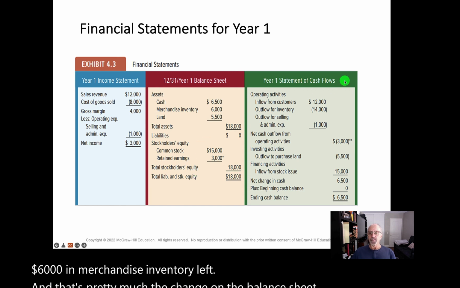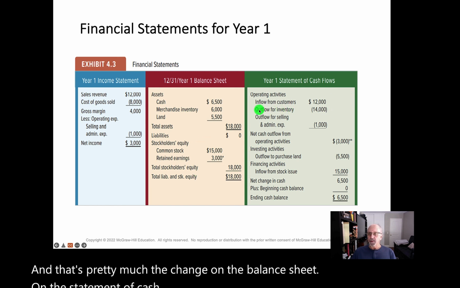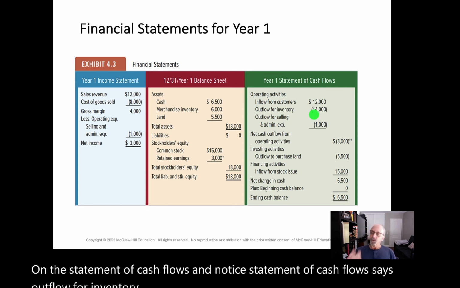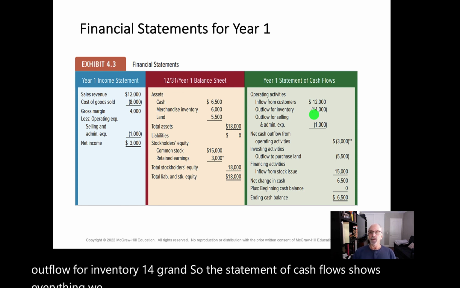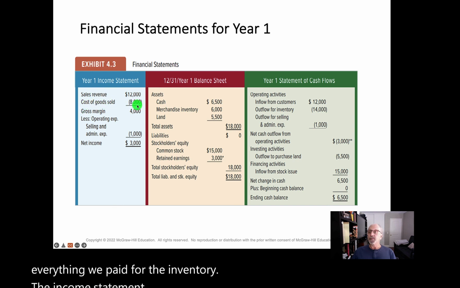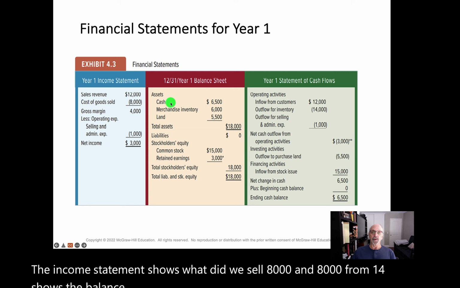On the statement of cash flows, and notice, statement of cash flow says outflow for inventory, 14 grand. So the statement of cash flows shows everything we paid for the inventory. The income statement shows what did we sell, 8,000, and 8,000 from 14 shows the balance of merchandise inventory on the balance sheet of $6,000.